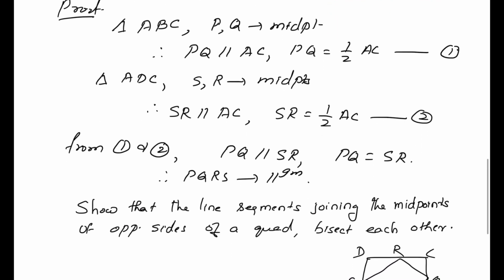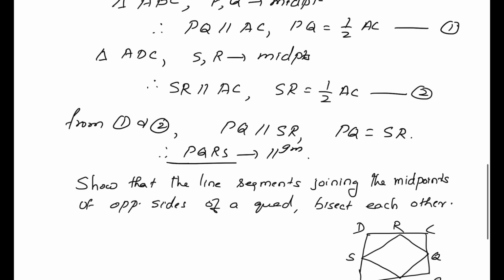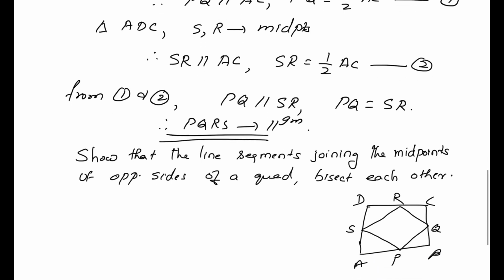Now, suppose the question given is: show that the line segments joining the midpoints of the opposite sides of a quadrilateral bisect each other. That means you have to prove PR and SQ bisect each other.